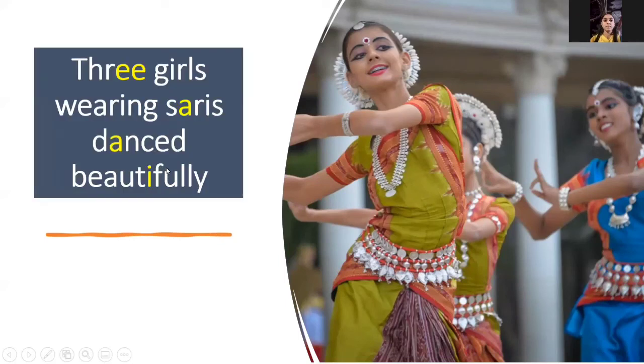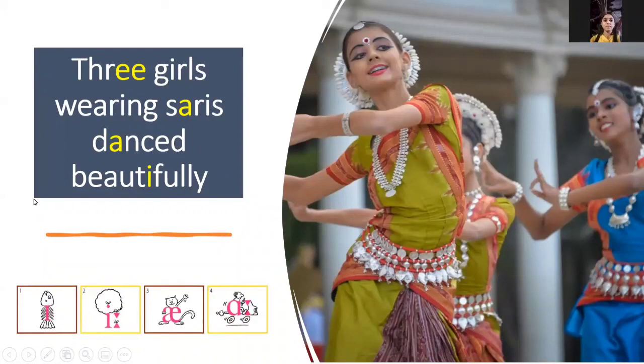All right. Can you say this sentence? Three girls wearing saris danced beautifully. Can you say, three girls wearing saris dance beautifully. Well done. That's very good.